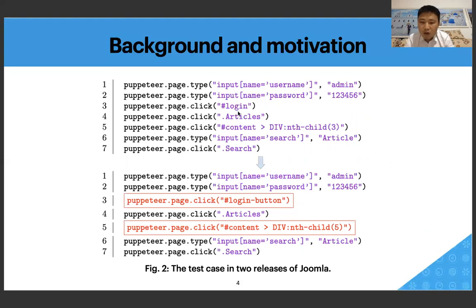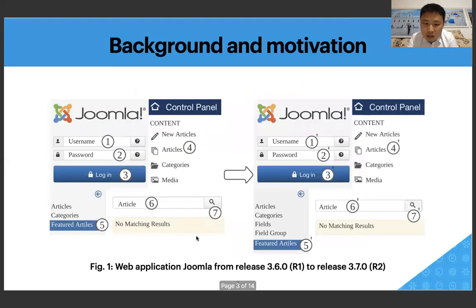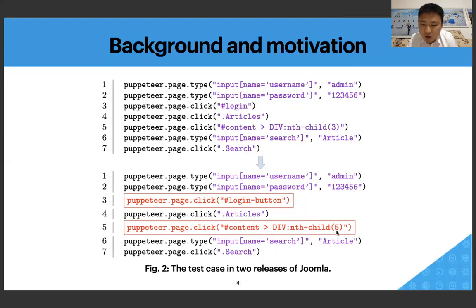Second, for mis-selection breakage, the locator of featured articles in R1 is child 3, but in R2 the layout was changed. So now the featured articles is child 5.